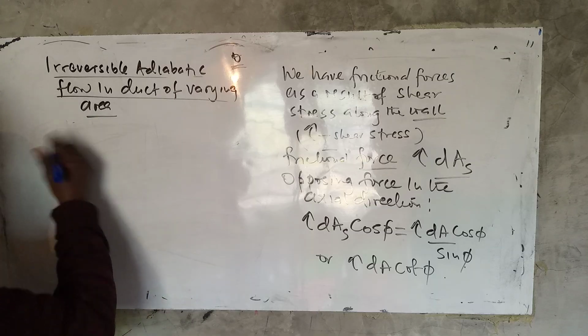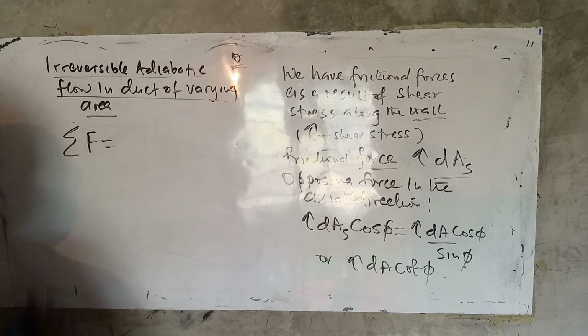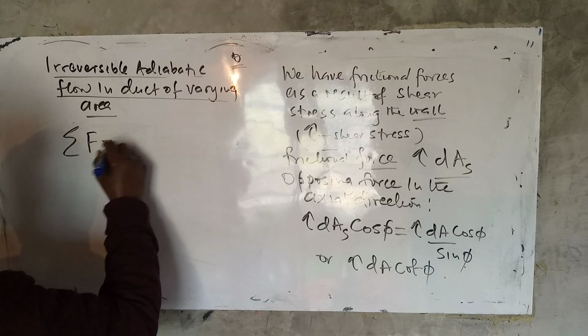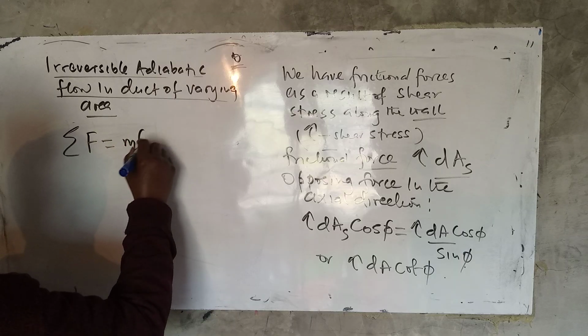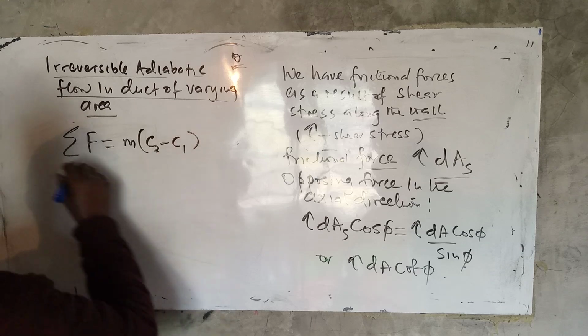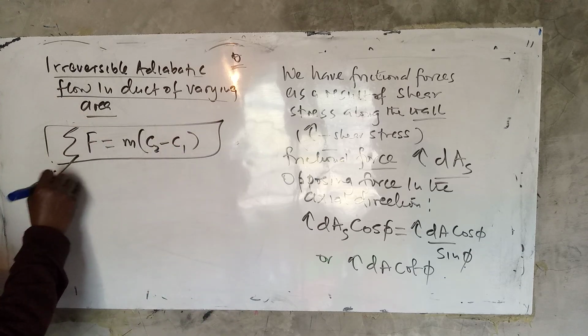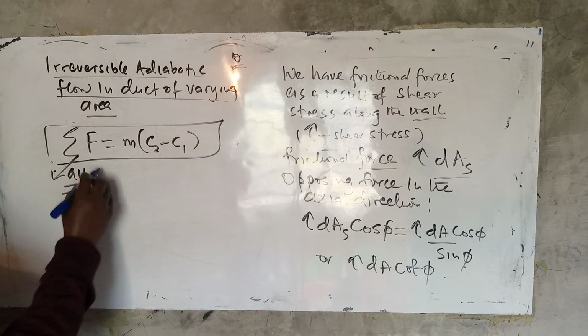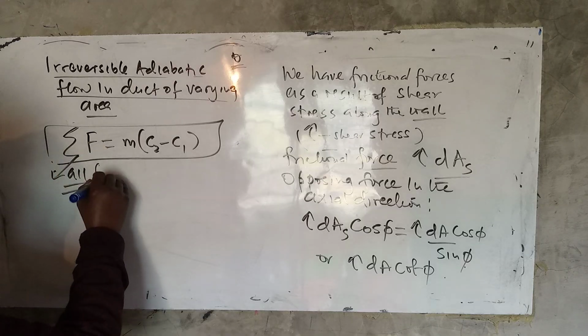Let's go back first. Remember, we had the sum of all forces acting was given as m (C2 minus C1), if you recollect. These were all forces interacting.